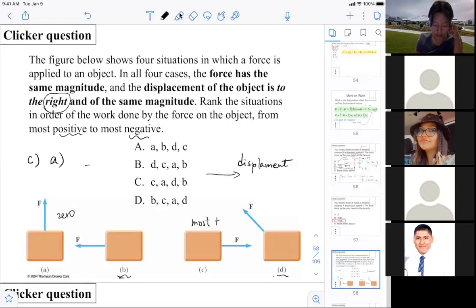Very good, Jose. It is going to be B, 100% to the left. And D is also negative, but only a component of that is to the left. Another component is perpendicular, and this one doesn't do work. This one gives you a negative work, but not as much as the negative of B.